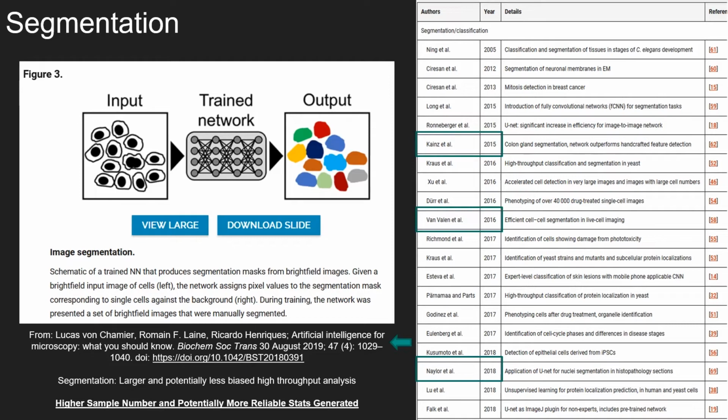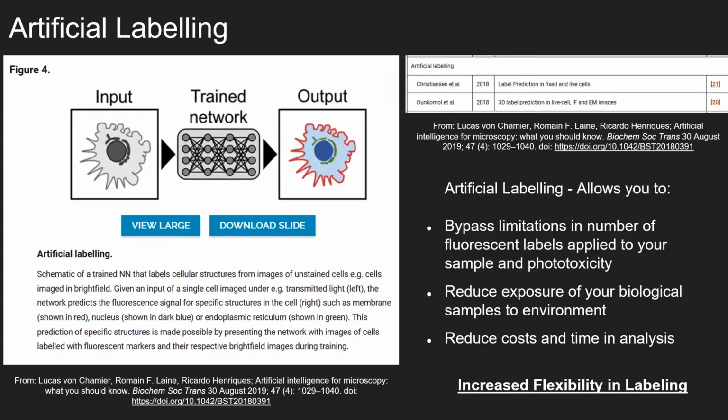That can make for better stats and way better work. Now, probably my favorite out of these 4 is artificial labeling, because it allows you to bypass the limitations in the number of fluorescent labels applied to your sample, and also bypass the limitation of phototoxicity. For those who aren't in any wet labs or don't work with cells, in order to visualize certain parts of your cells or tissues, you'll have to stain them or apply some sort of labeling, and that could be in the form of an antibody with a fluorescent signal attached.